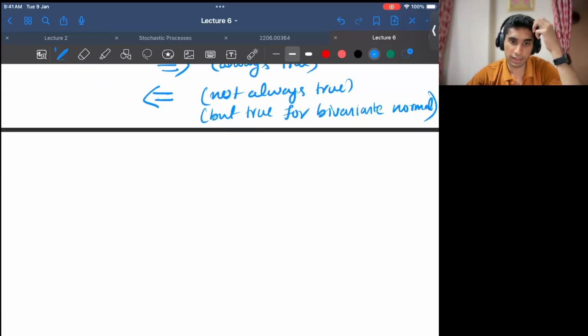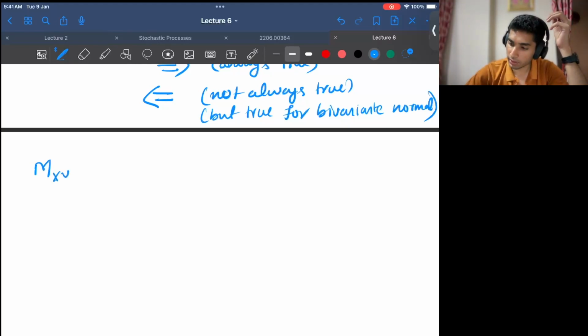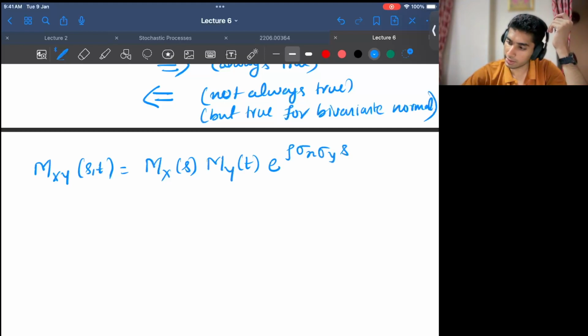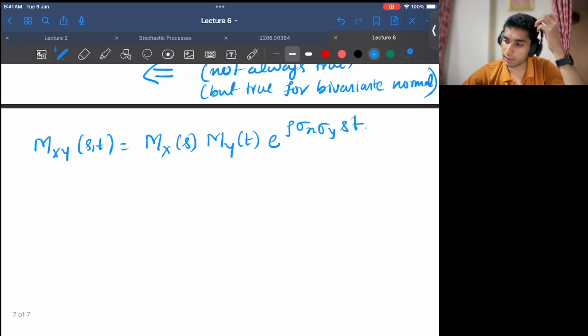And how can we prove that? It's quite simple. You just look at the moment generating function. Let's say you are looking at the moment generating function Mxy of s comma t. For a jointly Gaussian distribution, this is equal to Mx of s times My of t times e raised to rho sigma x sigma y st. This is the relation between the moment generating function of the joint random variables and the individual moment generating functions.